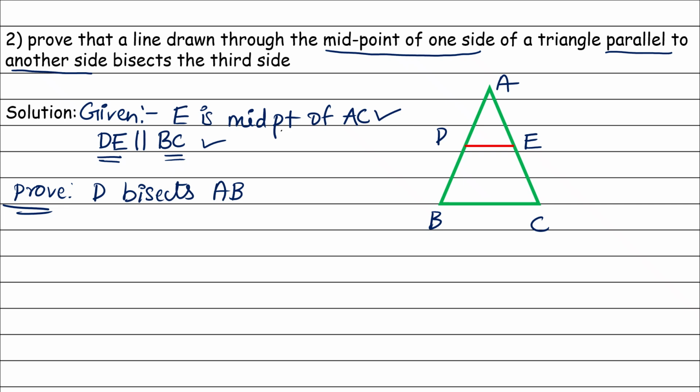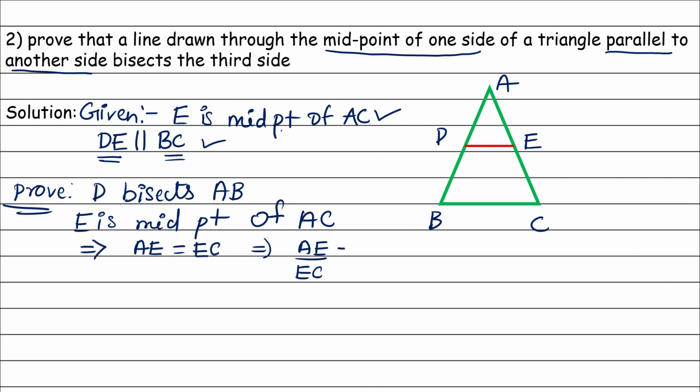Since E is the midpoint of AC, AE is equal to EC, which implies AE by EC is equal to 1.